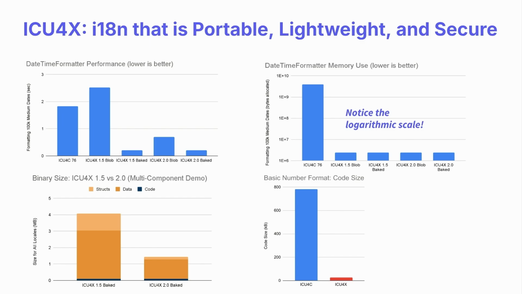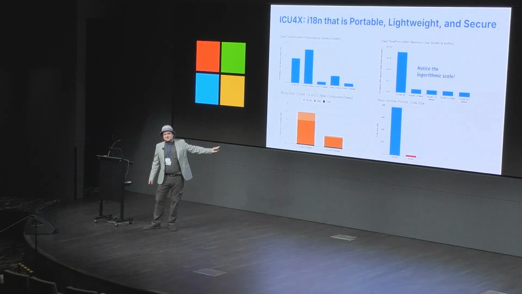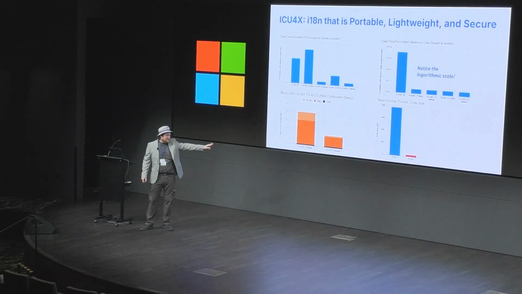If you want to compare to ICU4C, this is the ICU4C comparison. It's just a little bit hard to compare. I swear that I tried my best to make this an apples-to-apples comparison. It's hard when you're comparing libraries, but I really tried. I even contributed code to ICU4C to try to make the ICU4C number as small as I could in this comparison.